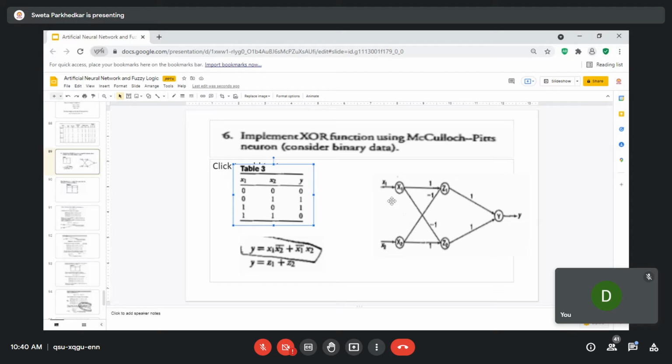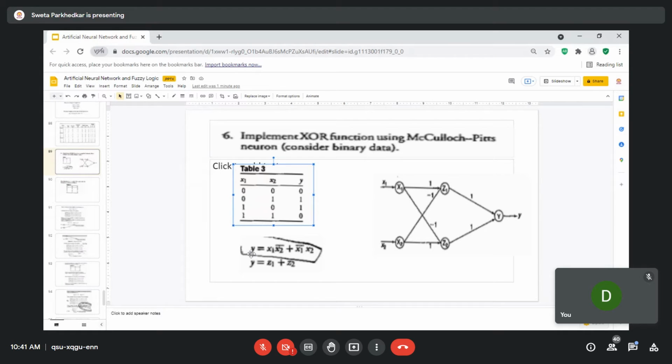Now XOR gate or XOR function you cannot represent by a simple or single logic function. ठीक है, हम लोग सिर्फ x1 x2 लिख के आउटपुट नहीं दिखा सकते थे, जैसे हमने एंड गेट के लिए दिखाया था, एंड गेट के लिए यहाँ पे बस x1 x2 था एंड आउटपुट y था. लेकिन XOR के लिए there is one more hidden input you should consider. You cannot represent by simple single logic function.